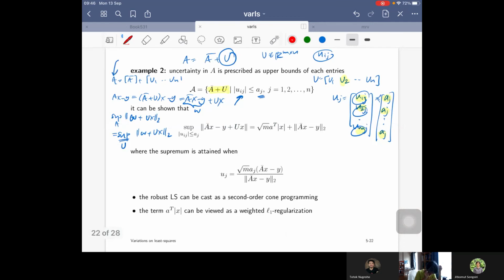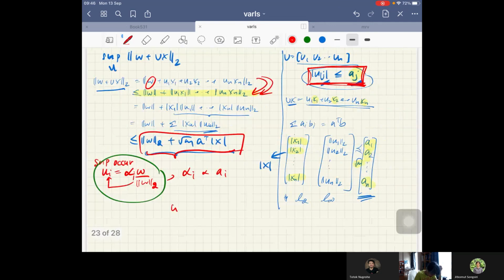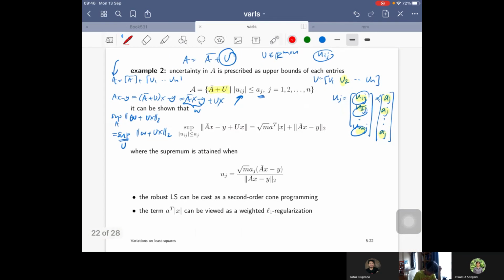Then we just put back w equals what? A bar x minus y. And then we go back here. We end up at the worst case norm, where the supremum occurs when u_j is in the direction of w, which is A bar x minus y.